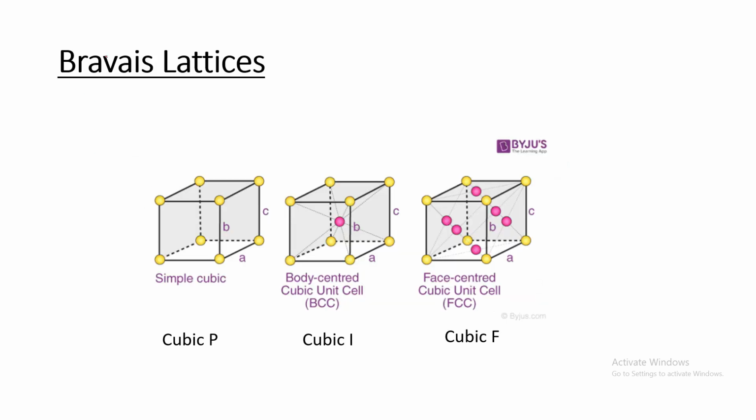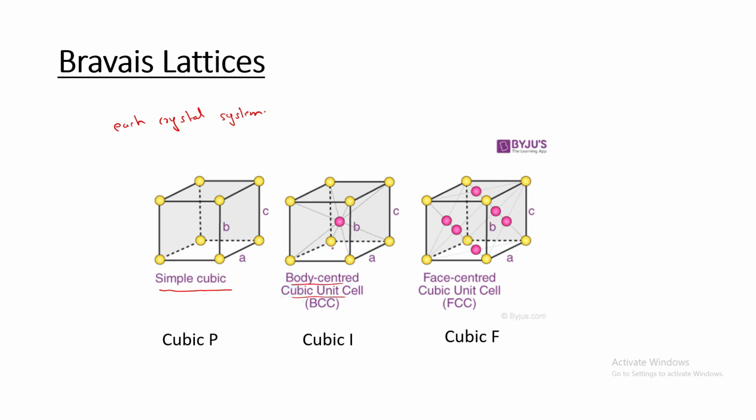Now let us see what the different lattices are. A cubic crystal system can have a lattice like this, that is a simple cubic lattice. These are a, b, c, and you can have a body centered cubic unit cell.